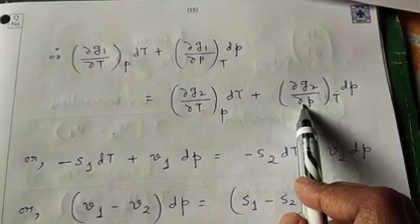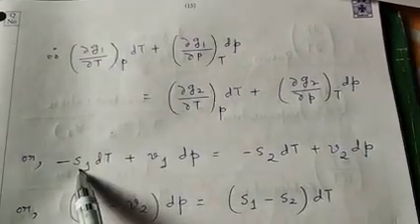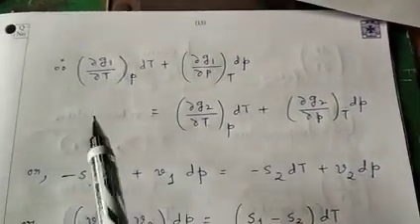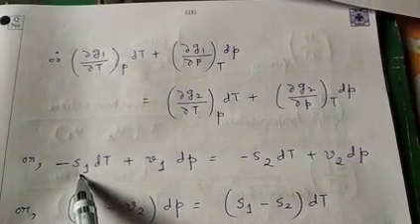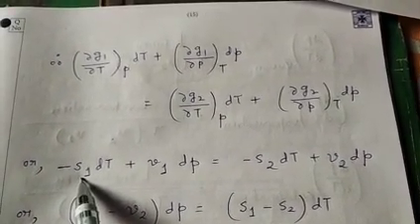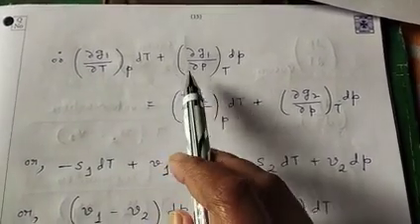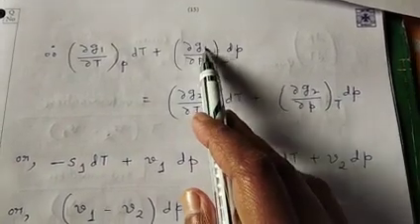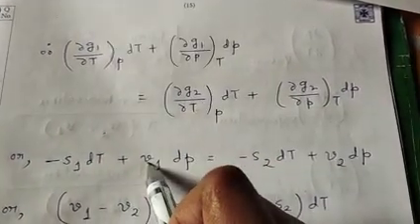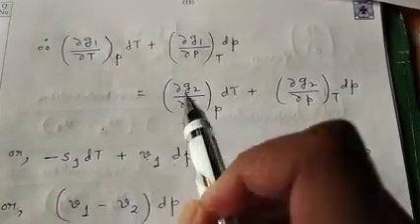So now we have already seen that del G1 del T is equal to minus S1. This is the relation we learned in free energies, and del G1 del P is equal to V, and since this is G1 the specific volume, it will be V1.